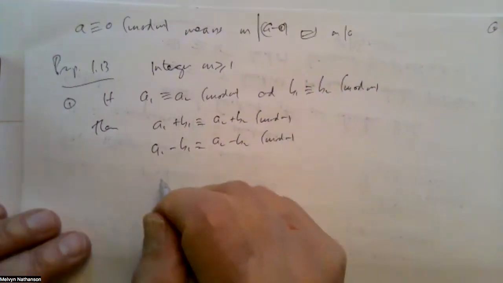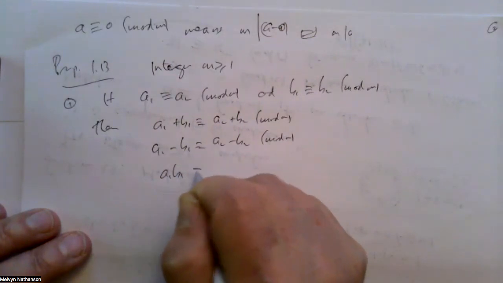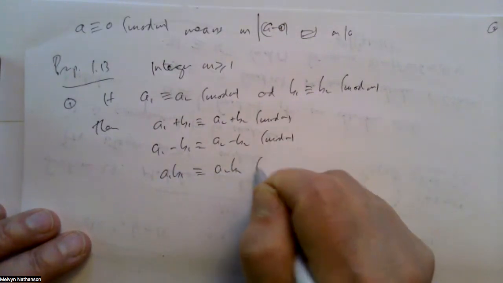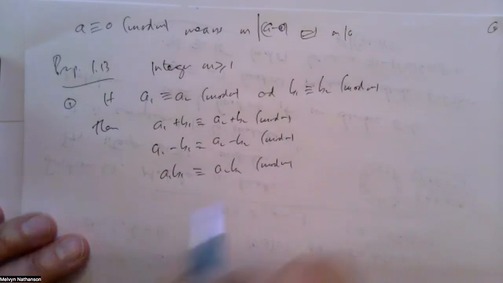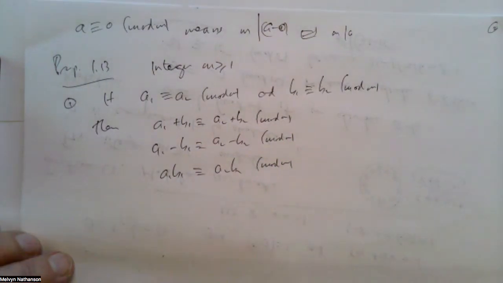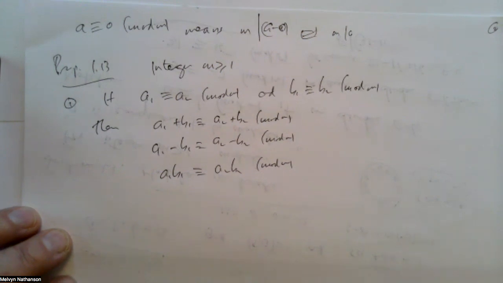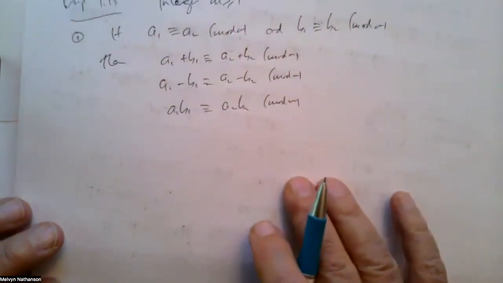And we can multiply the congruences. Can't divide. So then there's a second part to this proposition, but let me prove this first.